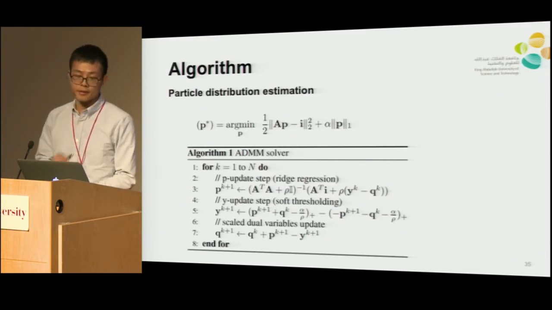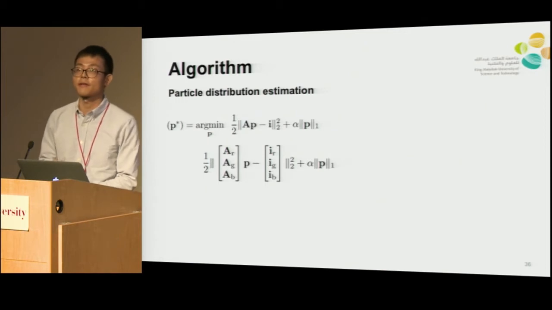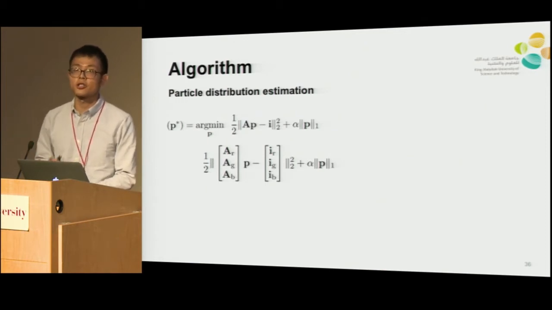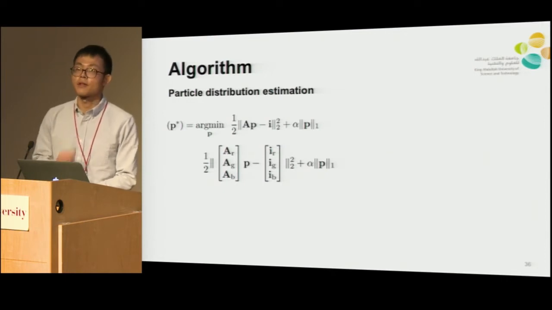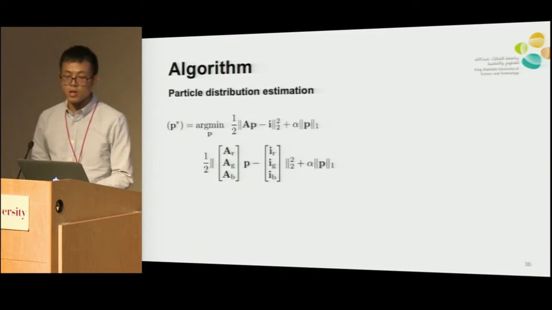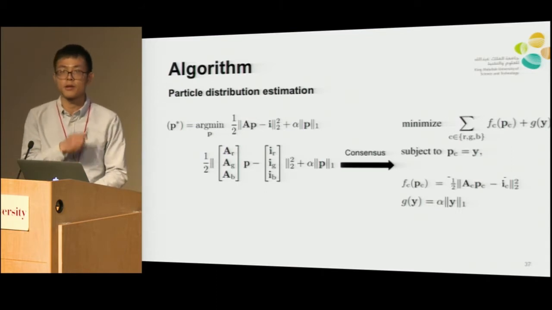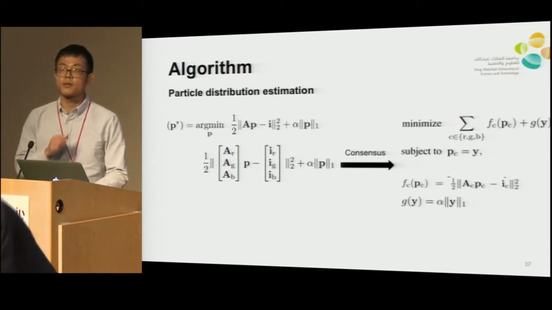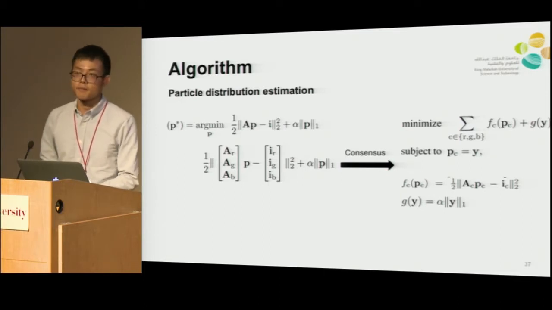In our settings, the matrix A is composed of the matrices A for each color channel. While with the increase of the system size, it would become expensive to solve this minimization problem. A common way to alleviate this issue is to decompose the original big problem into smaller sub-problems using a consensus strategy.